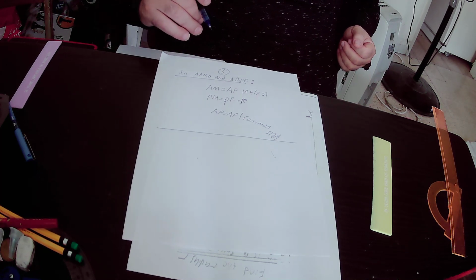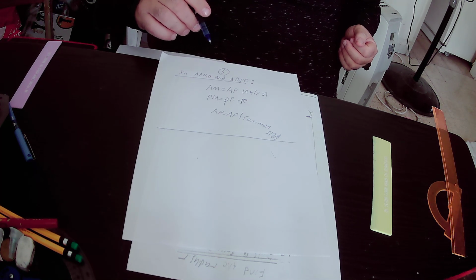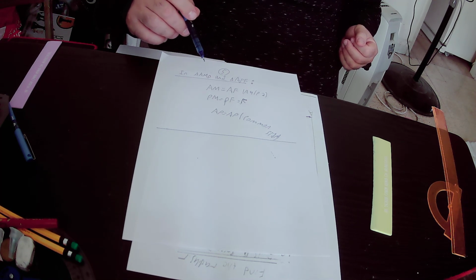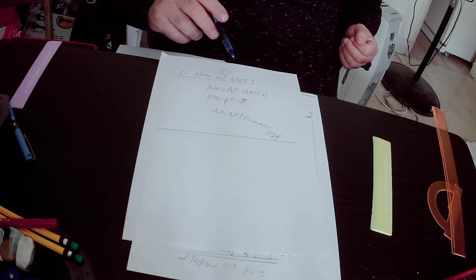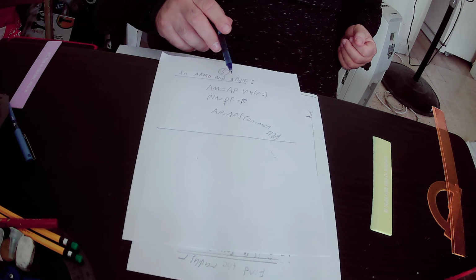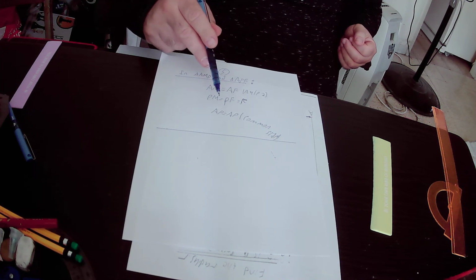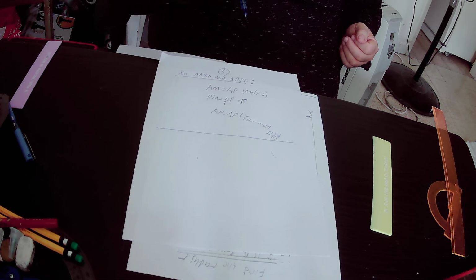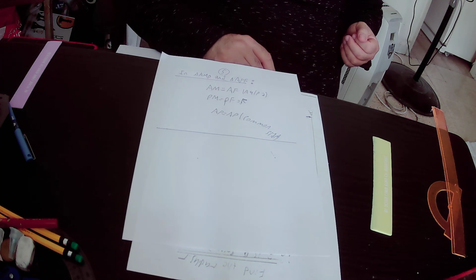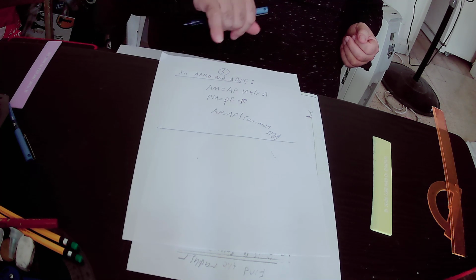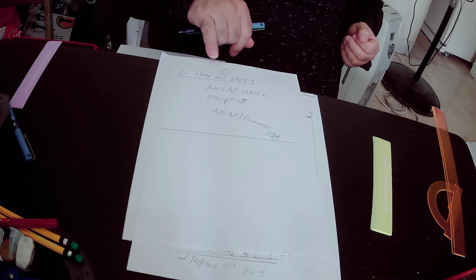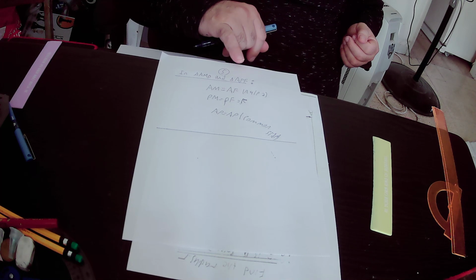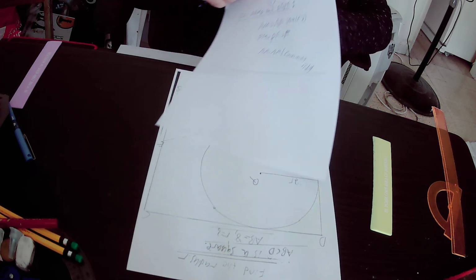So we actually proved that all three sides of the right triangle AMP are correspondingly equal to the three sides of the right triangle APF: 1, 2, and 3. Therefore, we proved that the right triangle AMP is congruent to the right triangle APF according to side rule. So I will write it down.